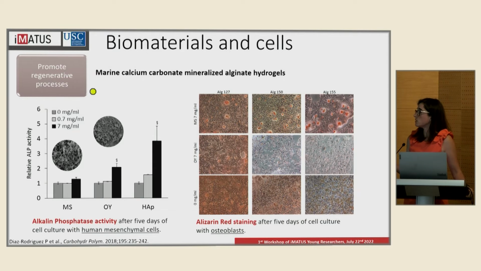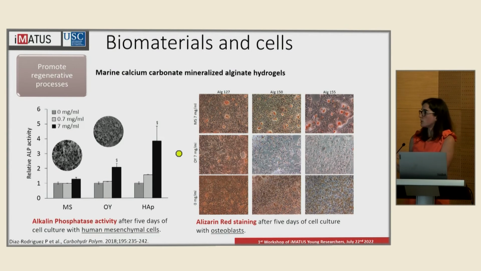And as we saw, when we checked the relative ALP activity, which is a phosphatase activity directly related to the osteogenic differentiation of mesenchymal stem cells, we saw that, especially in the case of oyster calcium carbonate, a clear increase in the alkaline phosphatase activity.